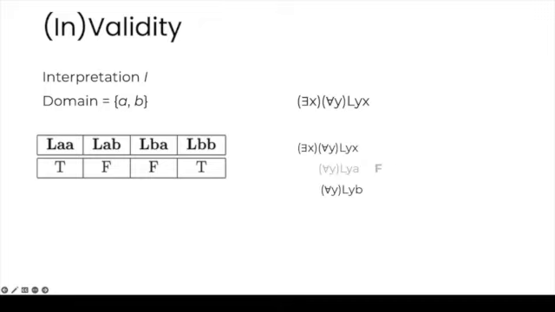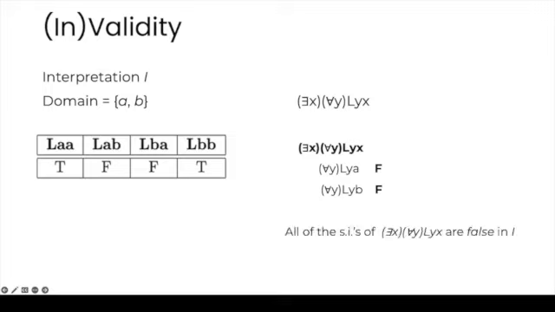What about the second one? Every y, Lyb. It has two substitution instances. And, well, we can stop at the first substitution instance. We know that it's false, therefore not all of its substitution instances are true. So the second is also false. So we see that not even one of the substitution instances of this existential sentence is true.